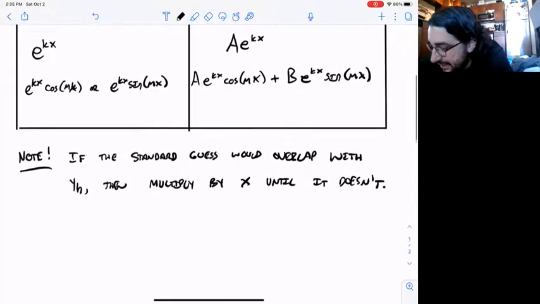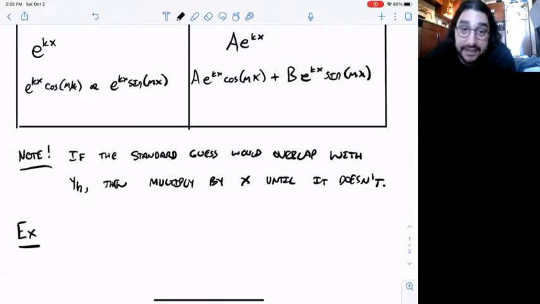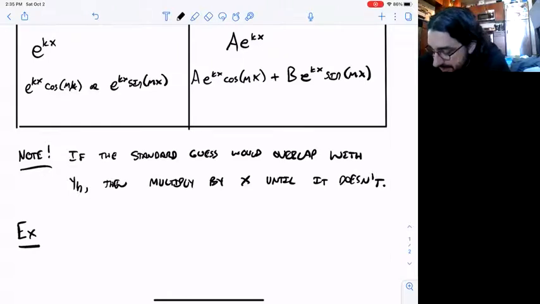Let's look at a particular example where the standard guess, and when I say standard, I mean what's up in the table, will overlap with the homogeneous solution. So for example, let's look at a second order equation.